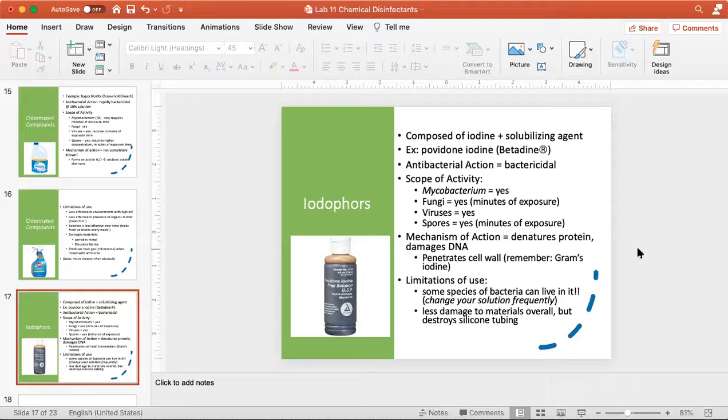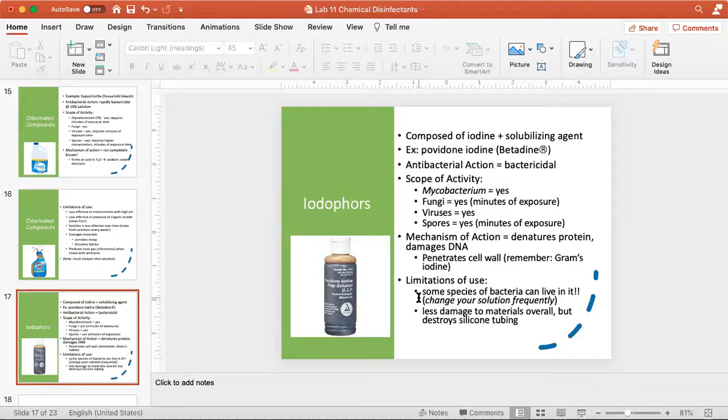And we said Gram's iodine is used as a mordant. It helps drive stain through the cell wall of bacteria, right? Well, these iodophores have iodine in them. So the iodine really helps drive the disinfectant into the cell.